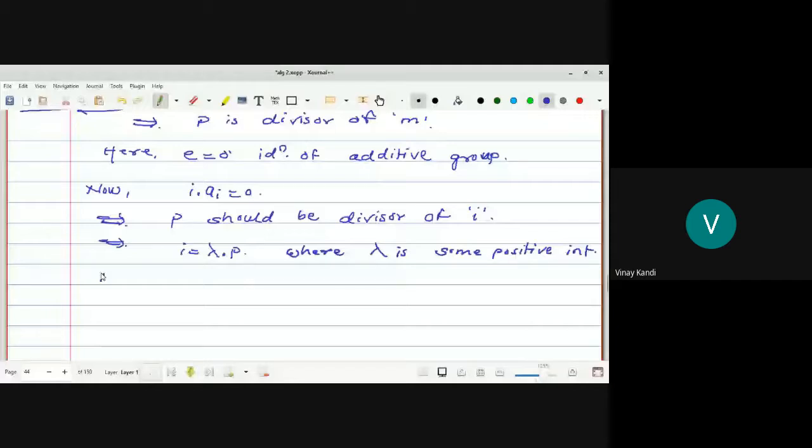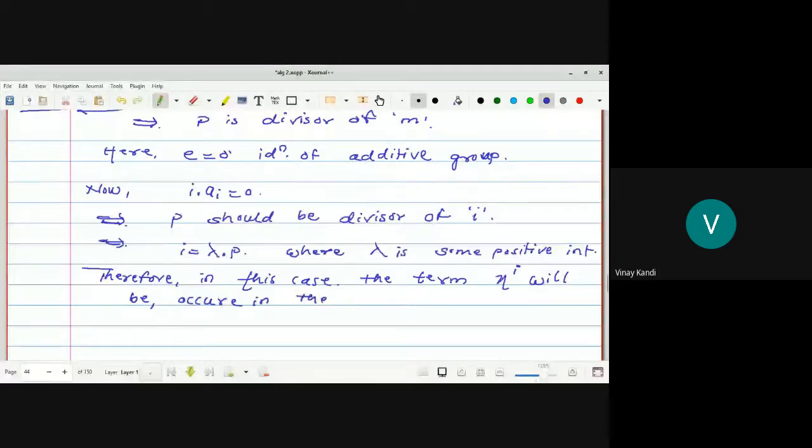Therefore, in this case, the term, in which term? X raised to I, in the polynomial f of x will occur in the form x raised to I, since I is equal to lambda p, which is equal to x raised to p, bracket raised to lambda.